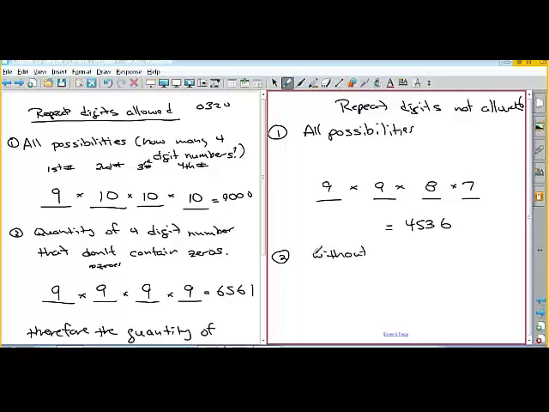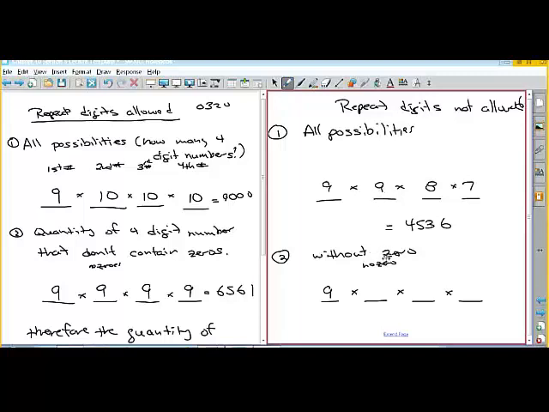Then we'll say without 0. So again, for the first choice we already have taken 0 out of that. So the second one, we can't use the 0, and we can't repeat what we did in the first one.